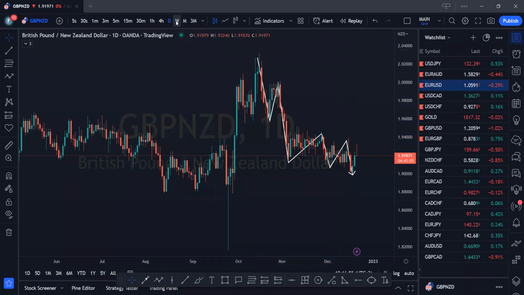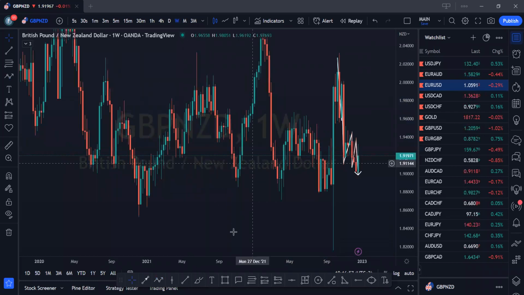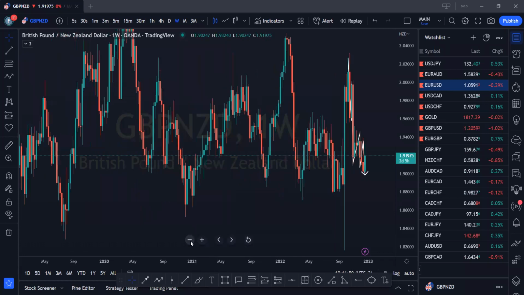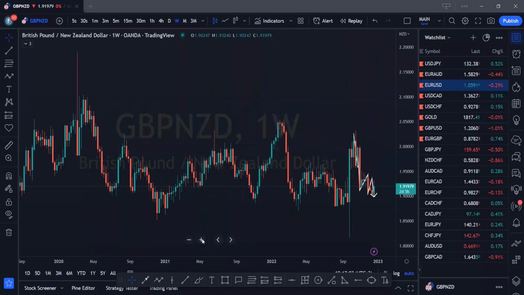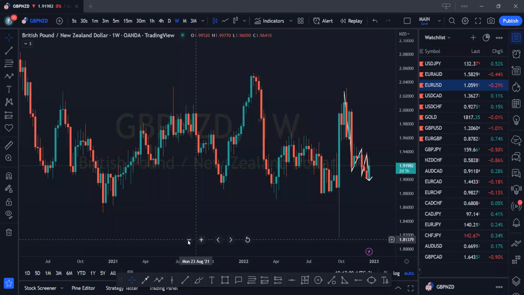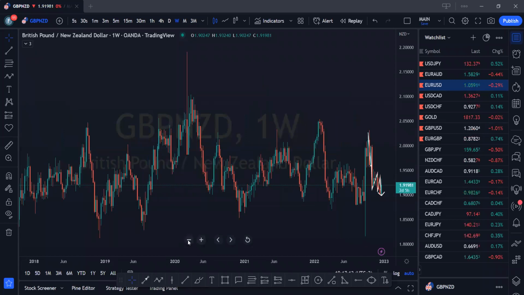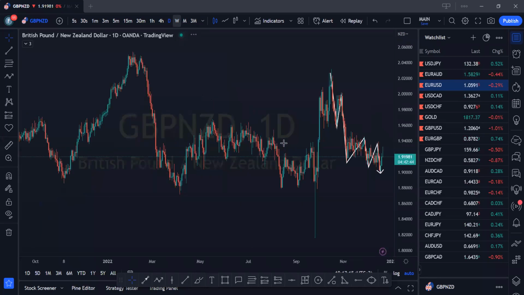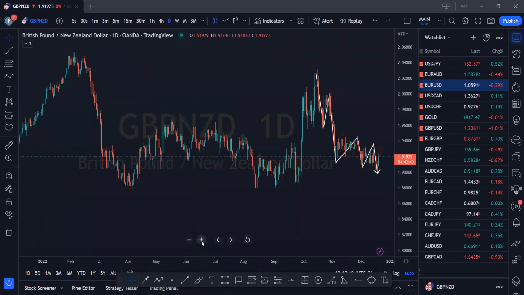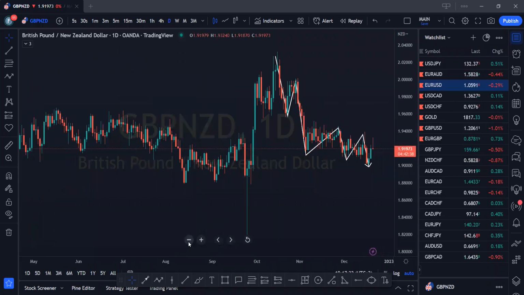Before we go further, let me confirm something on the weekly chart. Let me see if we can get a defined structure on weekly. Okay, so nothing spectacular on weekly. So let's go to daily. We have this particular structure on daily, and then this is what price is doing currently.